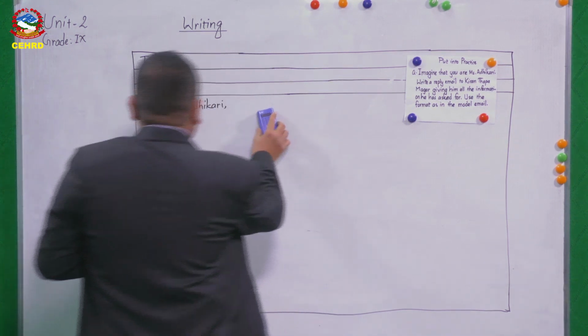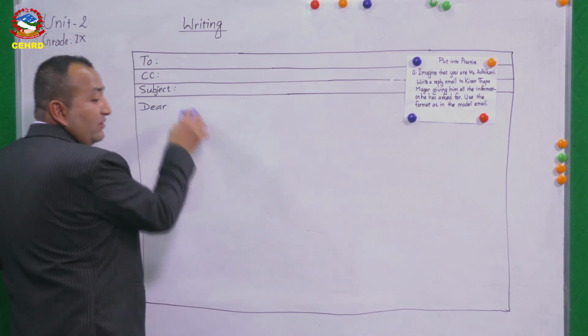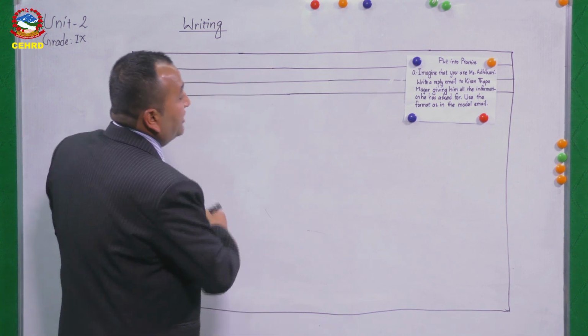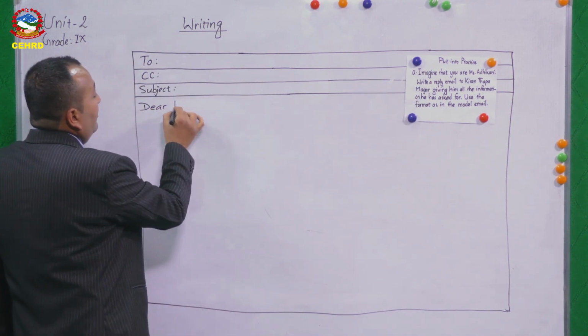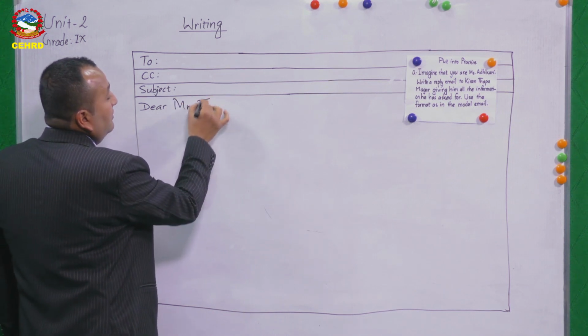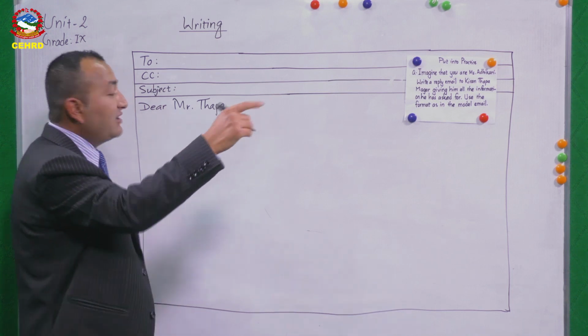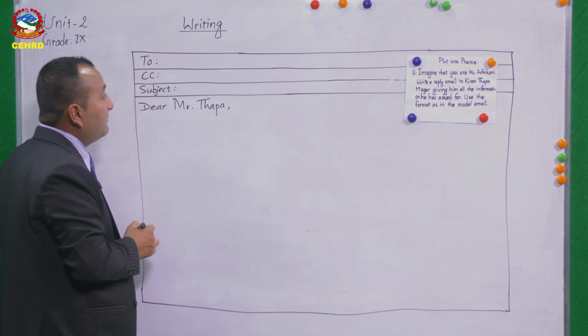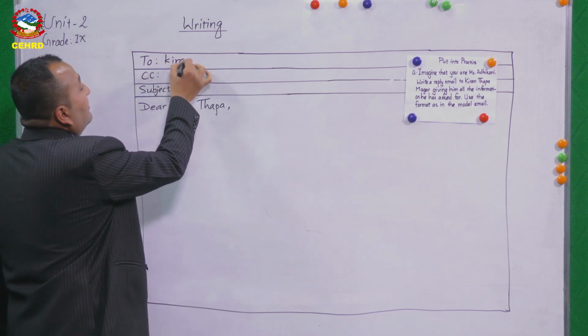The same format we follow, but we are not writing to Miss Adhikari now. We are writing to whom? We are writing to Kiran Thapa Magar, right? So what do you write? Dear Mr. You can write Mr. Thapa or Mr. Kiran Thapa. You can write the full name as well. Then give a comma. What do you write to? To should be like this. Write the address.